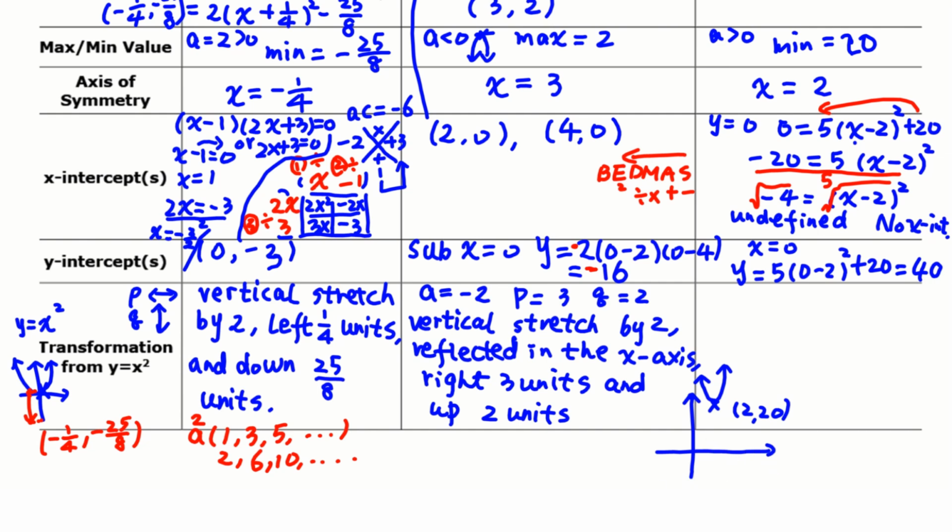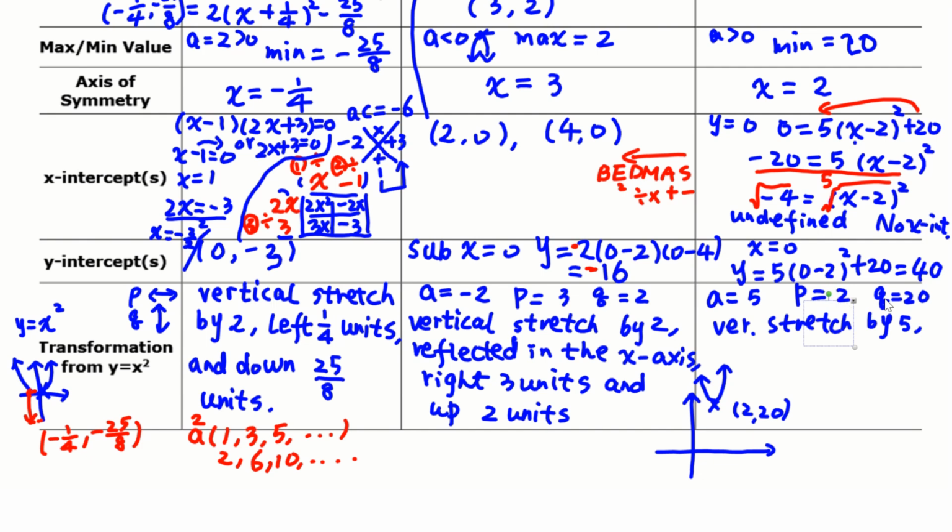And for the transformation, a equals 5, p equals 2, q equals 20. The a value is a vertical stretch by a factor of 5.